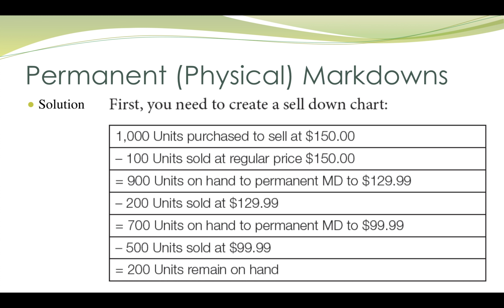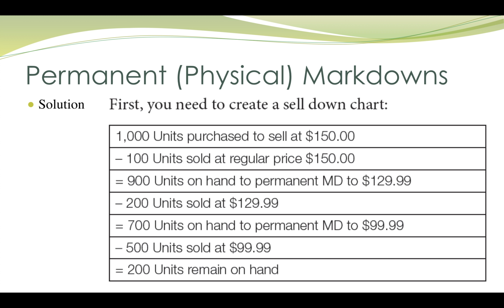So first, you create a sell down chart, plugging in the information that you received from the problem. 1,000 units purchased, the original retail price of $150. We see the number of units that were sold at that $150 price. And then we subtract those to give us the units that are on hand.